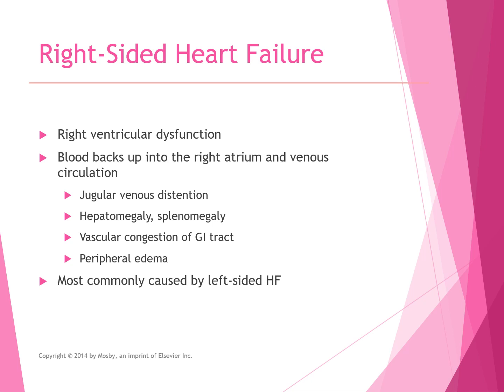And we assess for JVD by ensuring patients are at least 45 degrees. You can't assess for JVD if somebody is laying flat. They need to be sitting up at least 45 degrees. You'd have them turn their head to the side a little bit, and then if they had JVD, it's pretty obvious that there's a vein bulging out of the side of their neck, and that would be JVD.